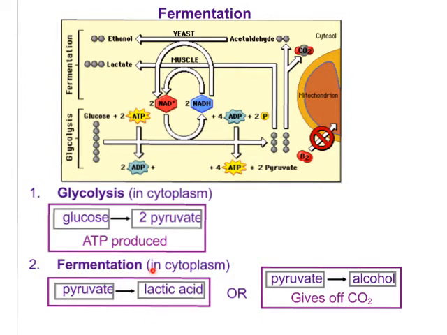Remember, if they're converted into lactic acid, that's going to occur in muscle cells, and that's lactic acid fermentation. If those pyruvate molecules are converted into alcohol, they will also give off carbon dioxide, and that is a process that occurs in yeast.